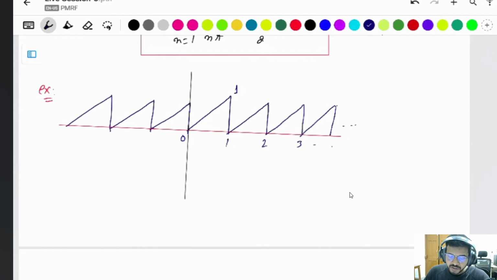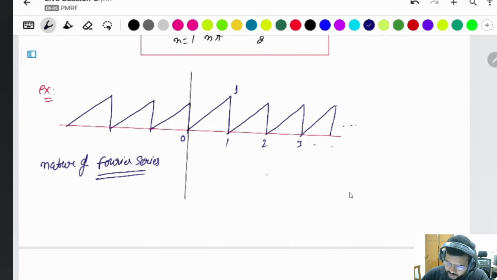Find the nature of the trigonometric Fourier series. What is the nature of the Fourier series? Nature of Fourier series means A naught, An, Bn, and the nature of harmonics. We have to talk about this.